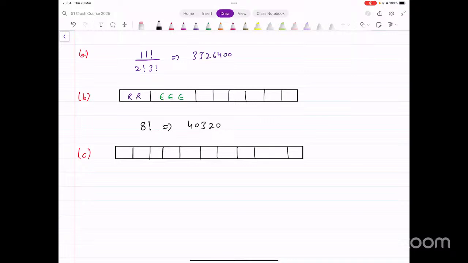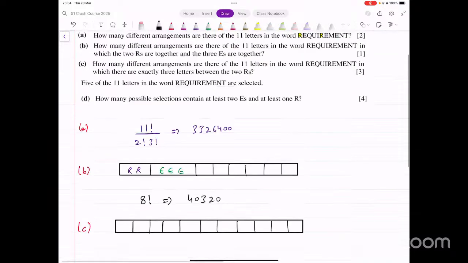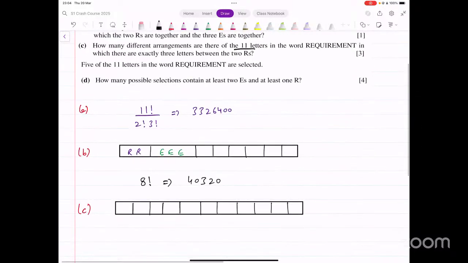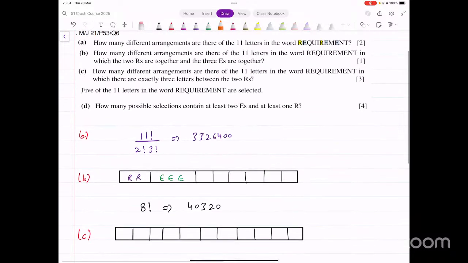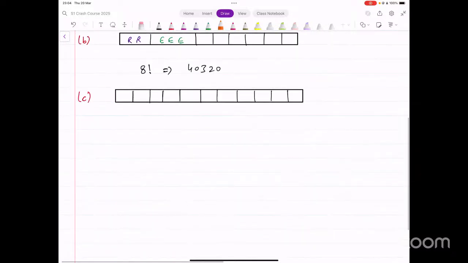Now, they are saying there should be exactly 3 letters between the 2 R's. So we have 2 R's in total, right? We need to have 3 letters between the 2 R's. So we should have a big box like this that has 5 letters in total. So we merge 5 of these boxes. 1, 2, 3, 4, 5. Let's merge these boxes.